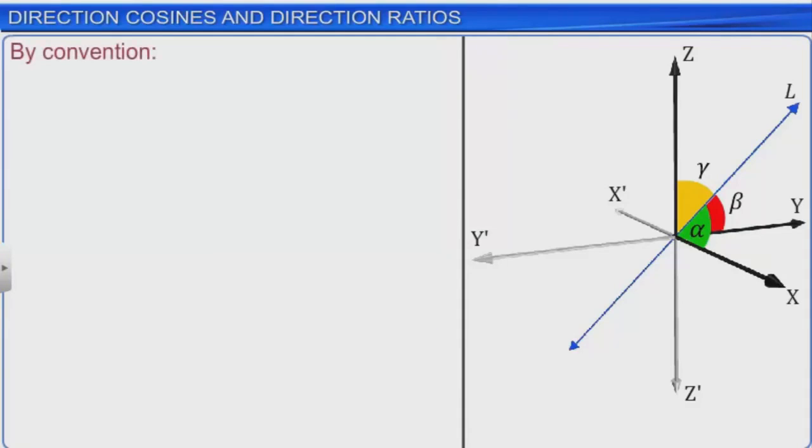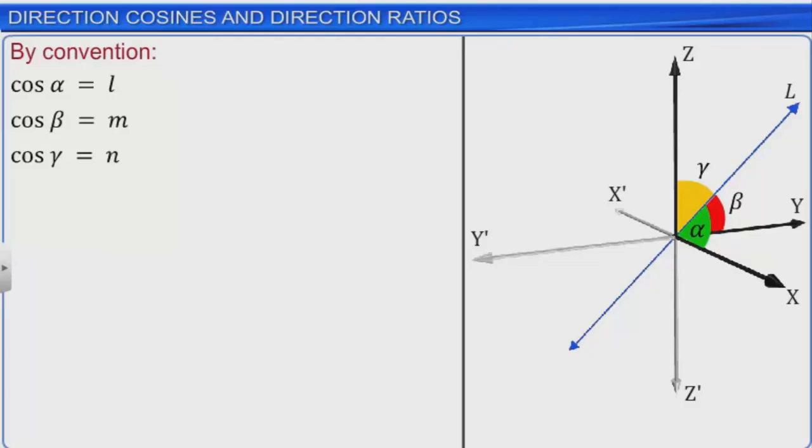By convention, the direction cosines cos alpha, cos beta, and cos gamma are denoted by the letters l, m, and n respectively. Note that a line can be extended in two directions in space.